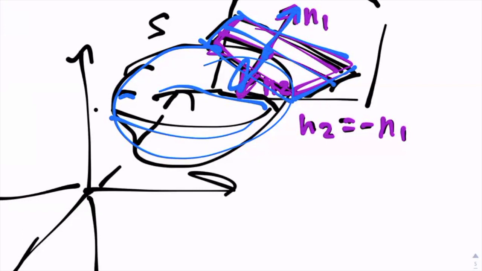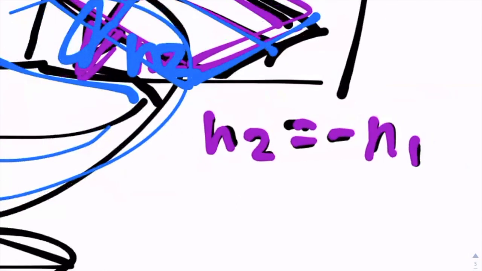We'll call these two unit normal vectors n1 for the upward oriented one, and n2 for the downward oriented one. The only difference between n1 and n2 is that they have opposite directions, so n2 is simply equal to the negative of n1.